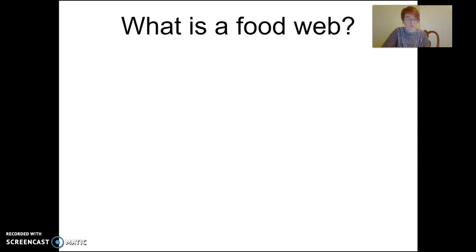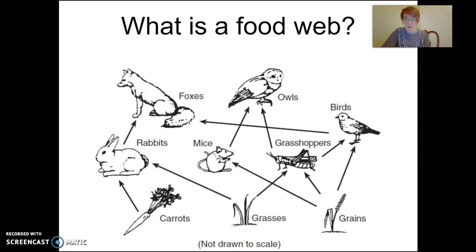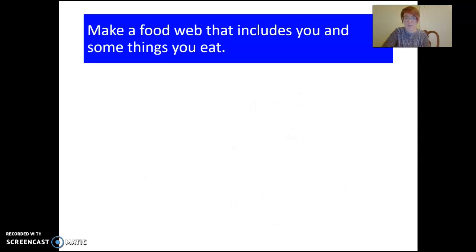I want to also show you what a food web is. It's very similar to a food chain, but more complex. In reality, usually we have food webs, not food chains, because all of these things are interacting with each other. So now we're going to draw a food web. I want you to draw your own food web that includes you and some things that you actually eat. So draw yourself a second diagram.